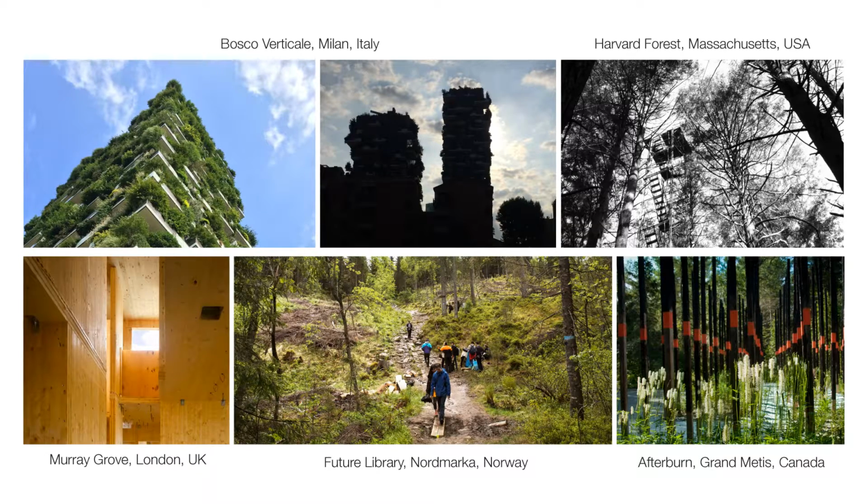The projects in the book were from all over the world, and they ranged in scale from the size of the garden, for example, Afterburn Garden in Canada, to the scale of the building, Murray Grove, which is a mid-rise building in London, UK, built out of cross-laminated timber, to landscapes like Future Library in Norway and Harvard Forest in Massachusetts, USA, and finally, to the scale of a territory and the city, like Canberra, Australia.